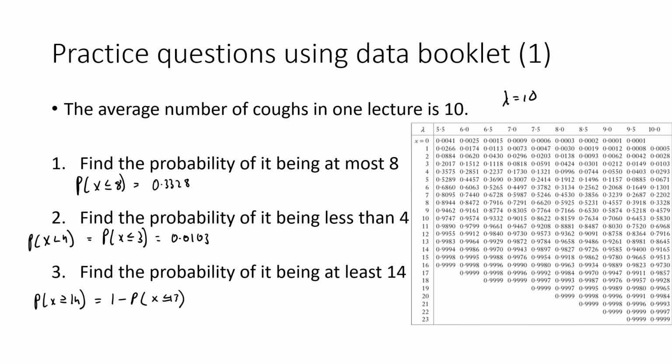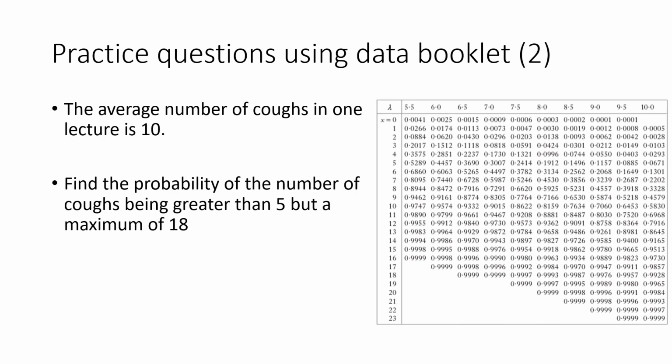And that is 1 minus, and we use our table again. Lambda is 10, we go down to 13, we get 0.8645. And then the answer we should get is 0.1355.